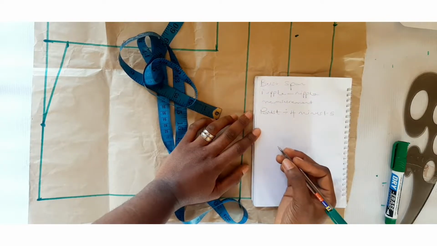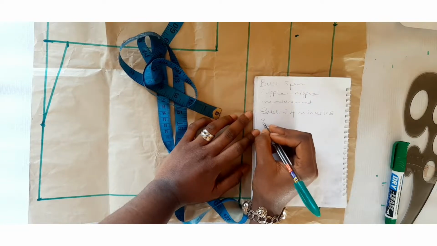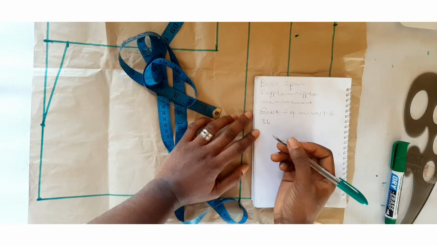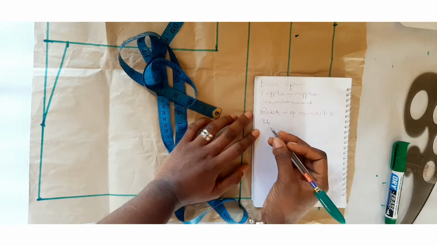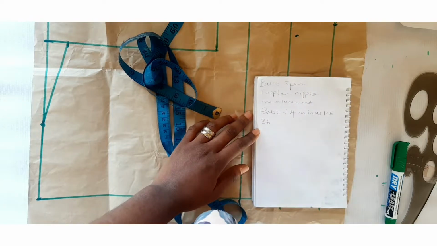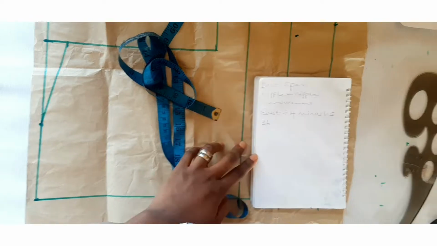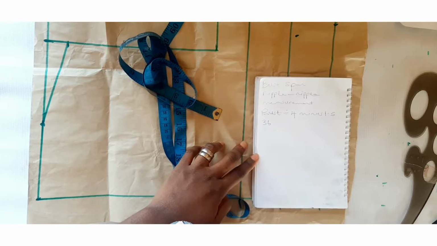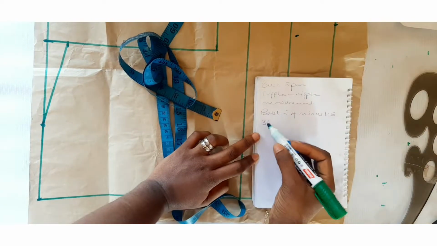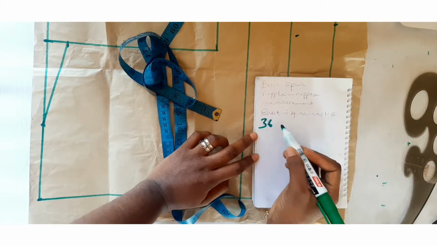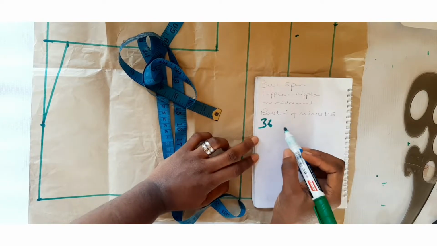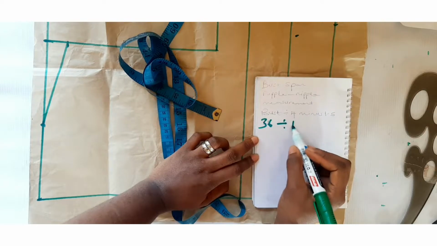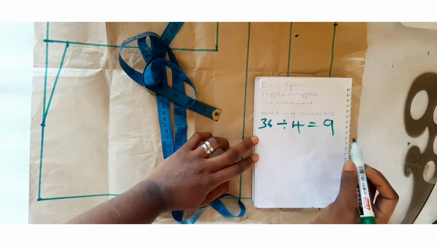For example, if you measure your client's bust to be 36, you're going to divide this 36 by 4. When you divide 36 by 4, it will give you 9.